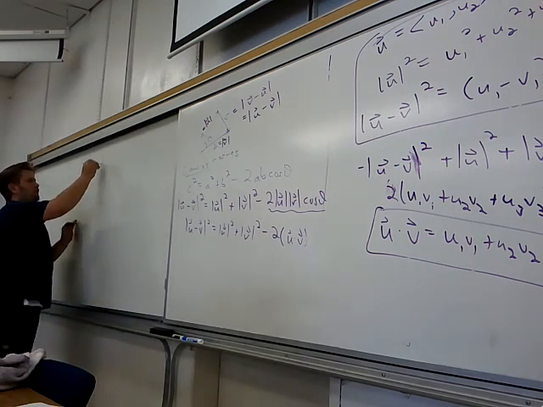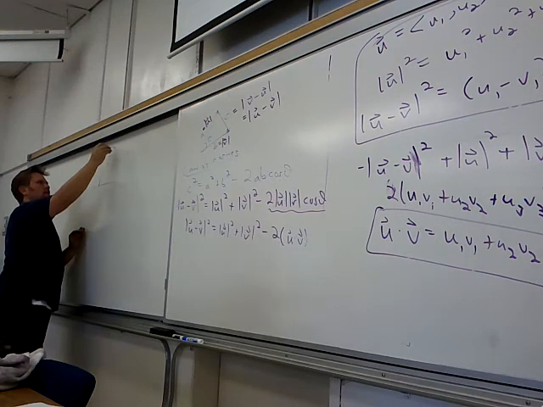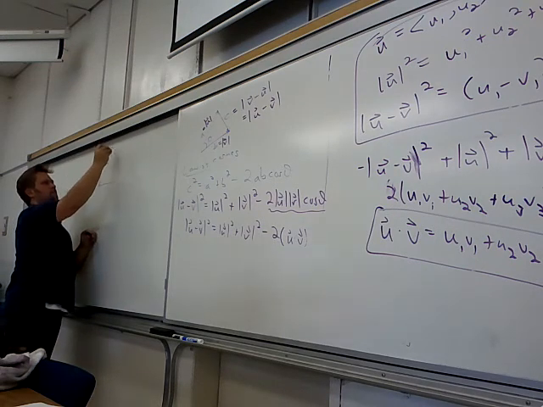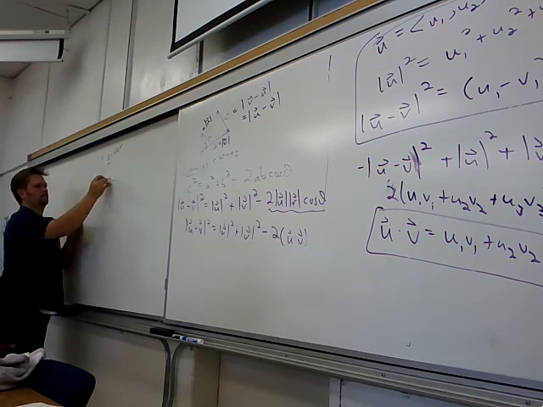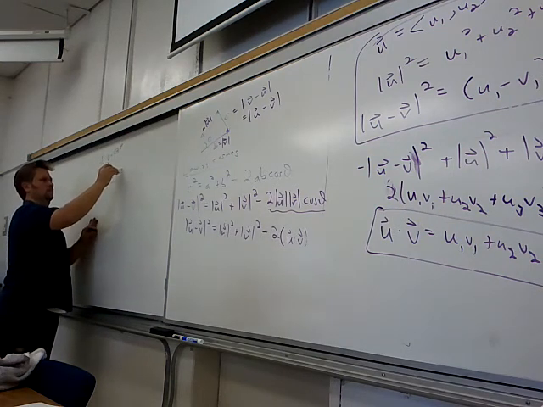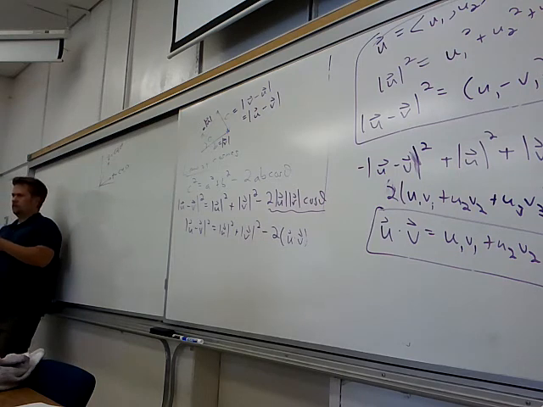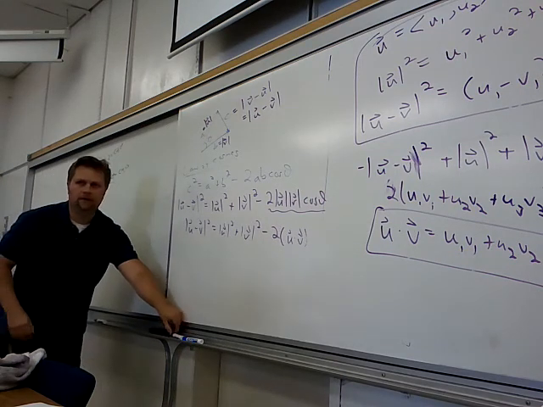Now, real quick, if I give you two vectors in two dimensions, let's say this is... to find the angle between these.